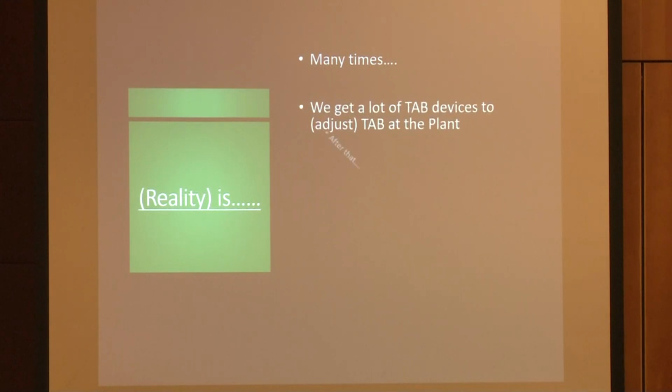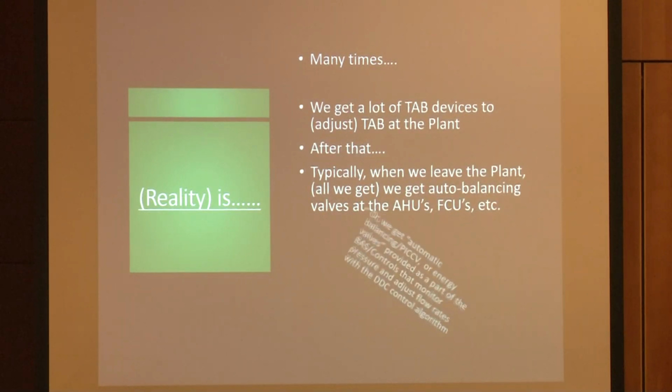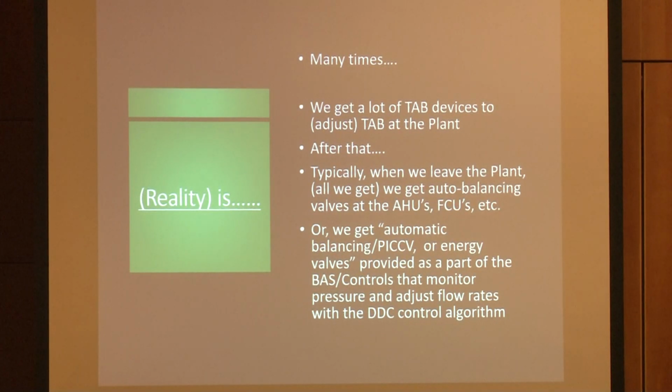So what's reality? What reality is, in these days, that there's a lot of what we call pressure independent control valves, or PIC valves, that I showed you pictures of before, and those are all set up at a certain GPM. They're already balanced from the valve factory to only do X amount of GPM.